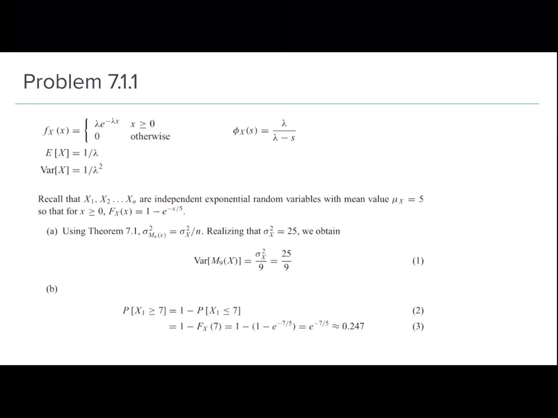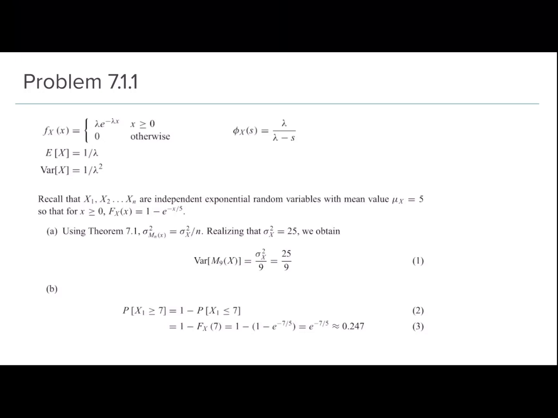So in the second part, we have to find the probability that X1 is greater than or equal to 7, and this is basically the same as 1 minus the probability that X1 is less than or equal to 7. We can find this using the CDF of X, and this is equal to 1 minus F_X(7).